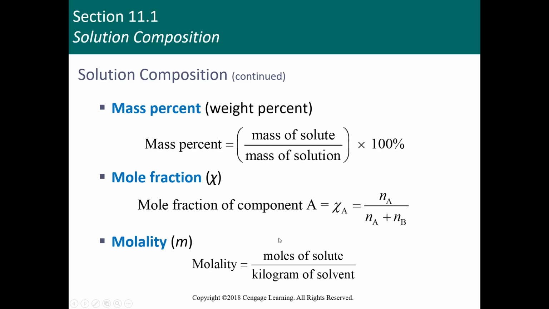Okay, so this is going to be your moles of solute divided by your kilograms of solvent. Notice the moles of solute is the same as molarity, but the bottom is very different. Everything about the bottom is different. This is kilograms, which is a mass, of your solvent only, not your solution. Notice that's different than these other ones.